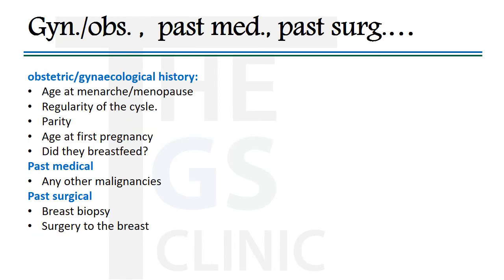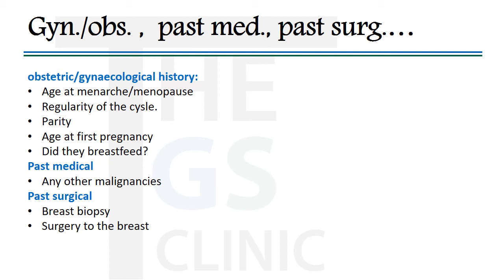Okay. After that, we'll go through the gynecology and obstetric history, the past medical history, and the past surgical history. The gynecological history is very, very important in any patient with a breast condition. It's very important to ask the age of menarche.